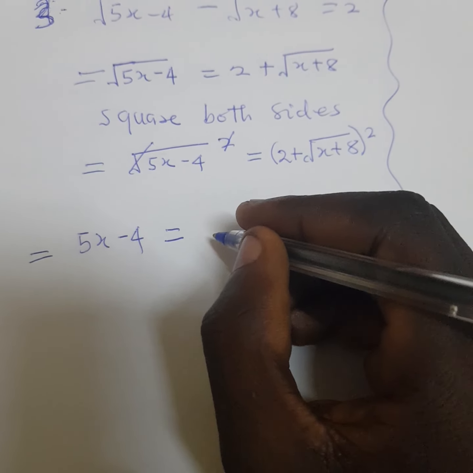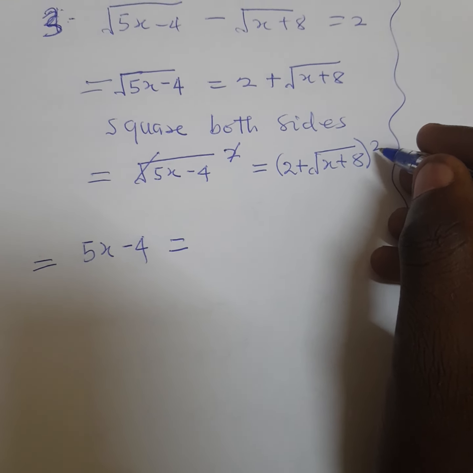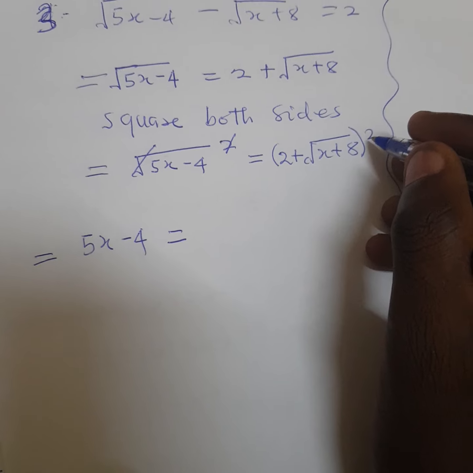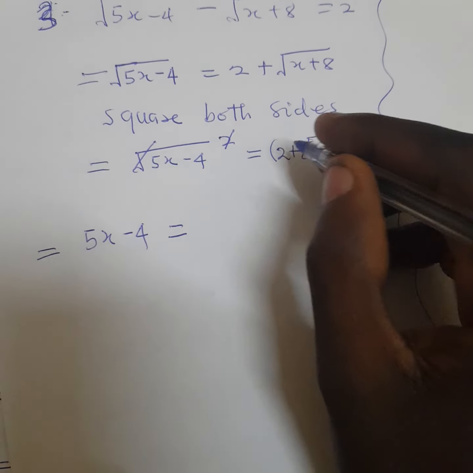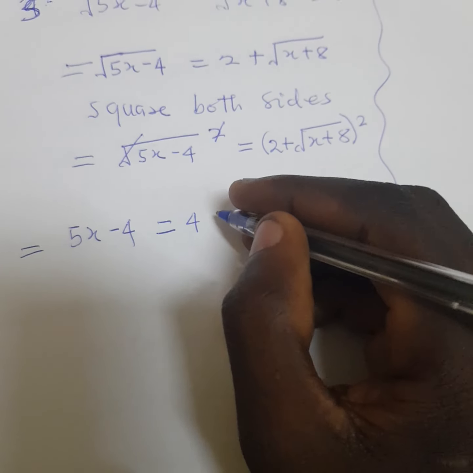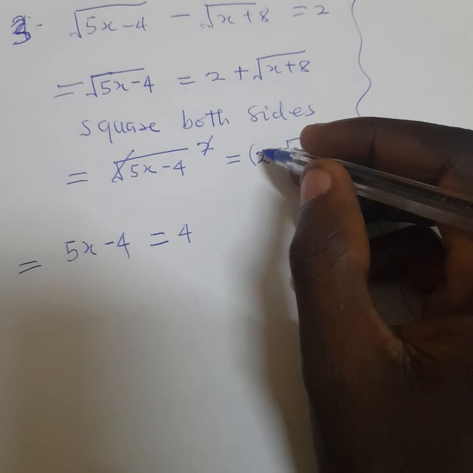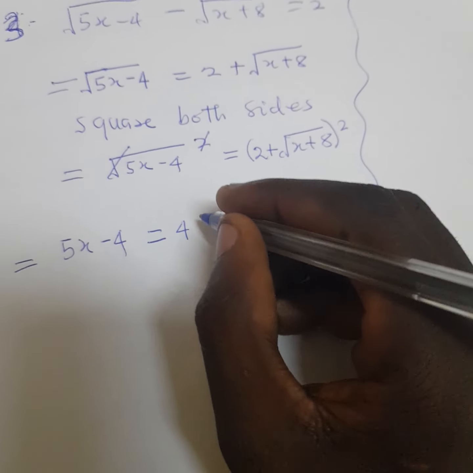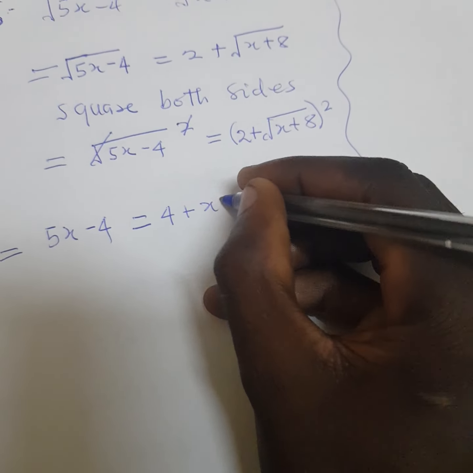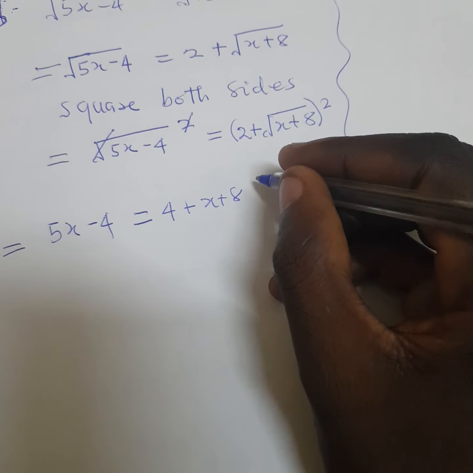being equal to, let's solve this binomial. This multiplied by this, you are going to get 4. You square the first term, square the second term plus x plus 8.